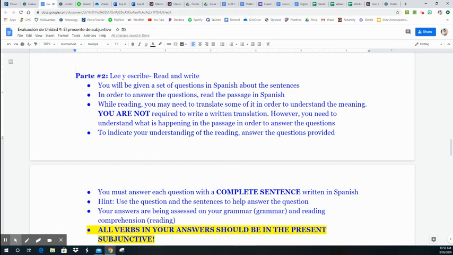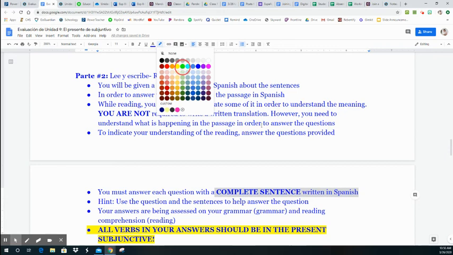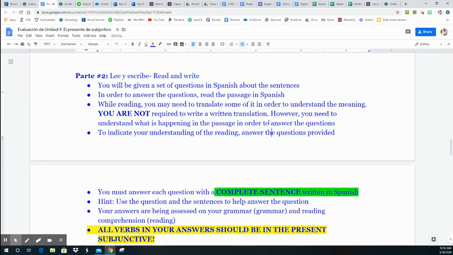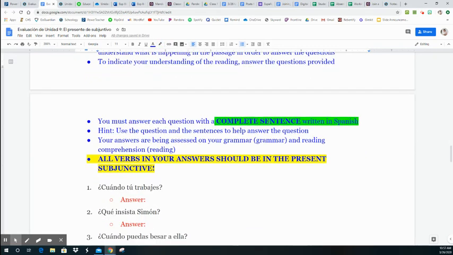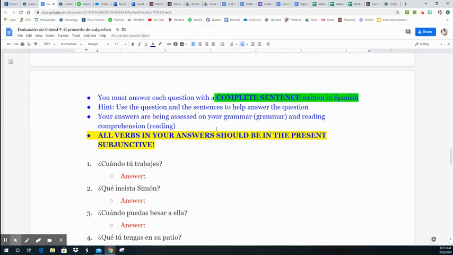Then you're going to answer the questions provided in a complete sentence written in Spanish. Super important that you make sure that it is written in Spanish. Make sure that you are looking at the sentences themselves in the story. Those will help you when you're answering your question. All of your answers should be written in the present subjunctive.